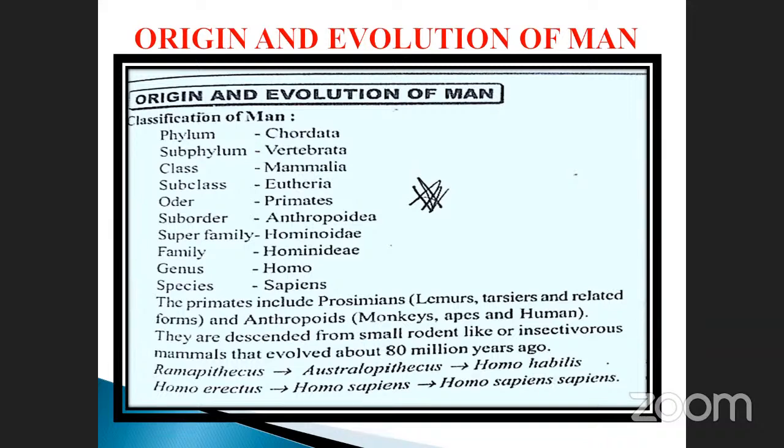See, so this is very, very important. Okay, so this is the way of the development of the human being from the evolutionary aspects: Ramapithecus, Australopithecus, Homo habilis, Homo erectus, Homo sapiens. These are the things.